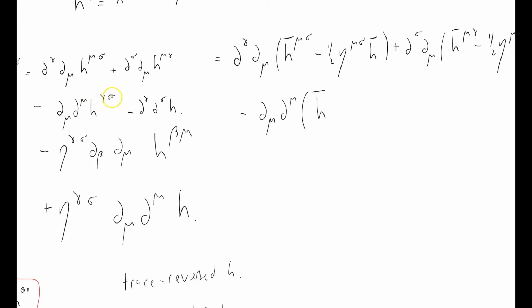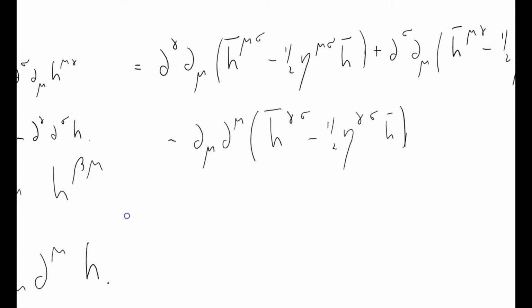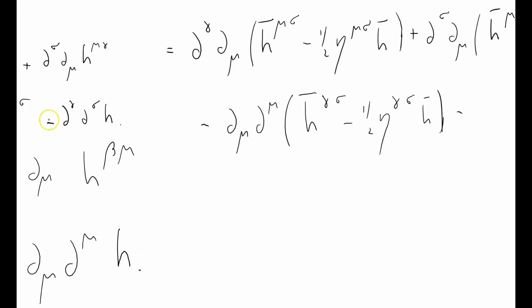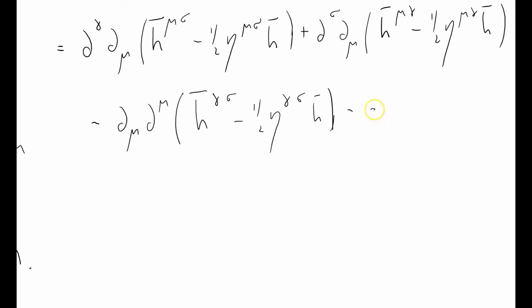We've got γσ on the top: h bar γσ minus a half η γσ h bar. Minus this term here, ∂γ ∂σ h. Of course, that is a plus h bar.